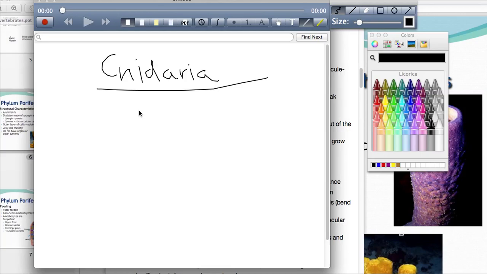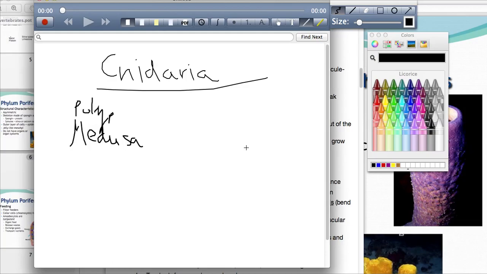There's two forms that they come in. They come in polyp form, and they come in medusa form, which is like jellyfish. And polyps are like the anemone you see. Some interesting characteristics you'll find in Cnidaria is that the members only have one digestive hole. They don't have an anus. The anus is combined with the mouth.